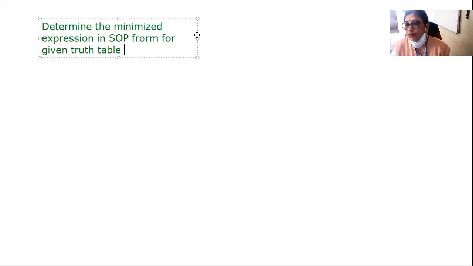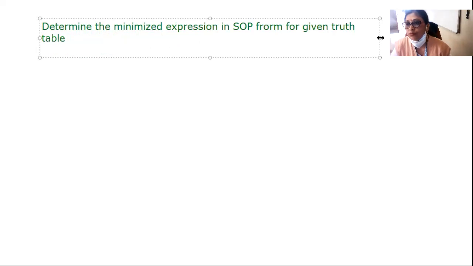So what is given to you? Truth table is given to you. Okay. So I will have to draw the truth table.